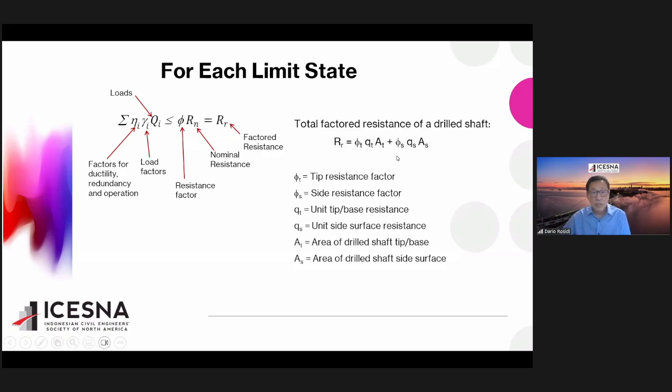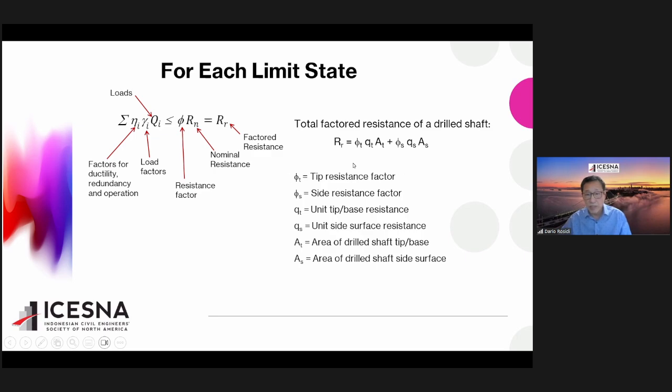So the equation is very simple. The total bearing capacity of the pile is divided into two: the tip resistance of the pile tip, and the side resistance along the pile. The summation of the two gives you the total pile capacity, right?